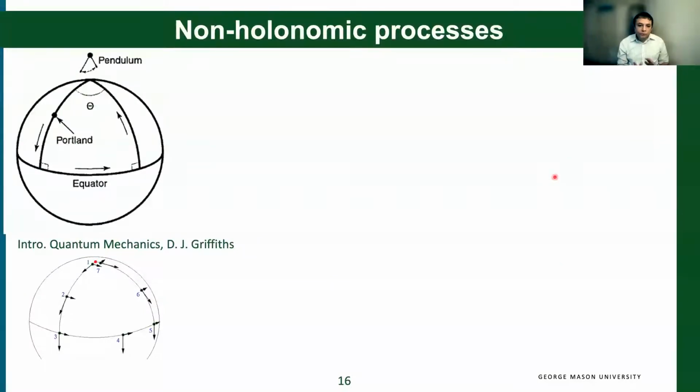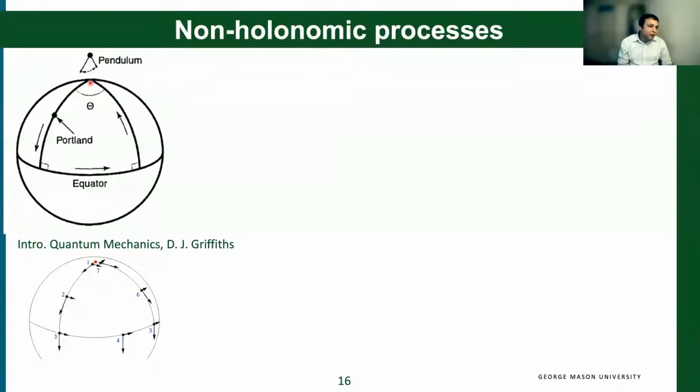So if we want to understand what kind of quantum mechanical phenomena these materials show, I'll briefly show you this phenomenon where there is a pendulum at the North Pole, and I'm taking this pendulum, letting it swing along the direction of the pendulum freely without jerking.